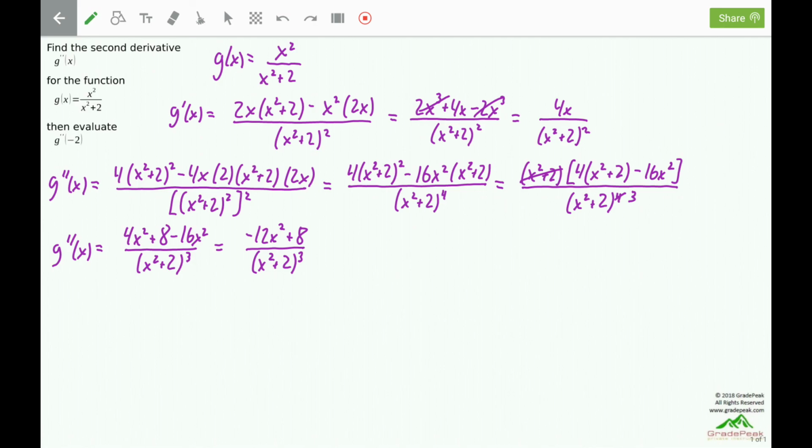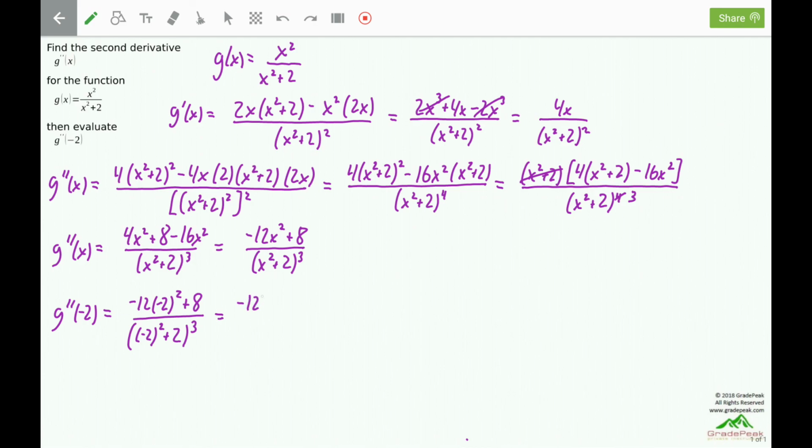The next thing we want to do is evaluate g double prime of negative 2. And that means to plug a negative 2 into each of the x's in the second derivative. We have a negative 12 times negative 2 squared plus an 8, divided by negative 2 squared plus 2, and then quantity cubed.